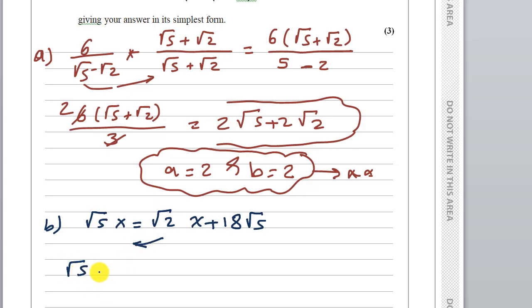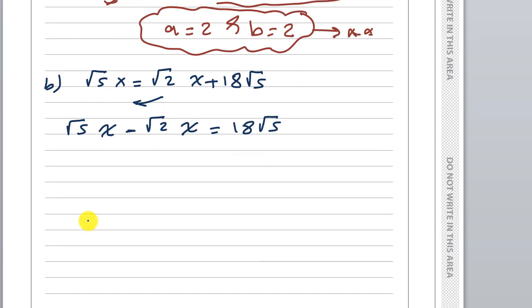So square root of 5 multiplied by x minus square root of 2 multiplied by x is equal to 18 square root of 5. So x multiplied by square root of 5 minus square root of 2 is equal to 18 square root of 5.